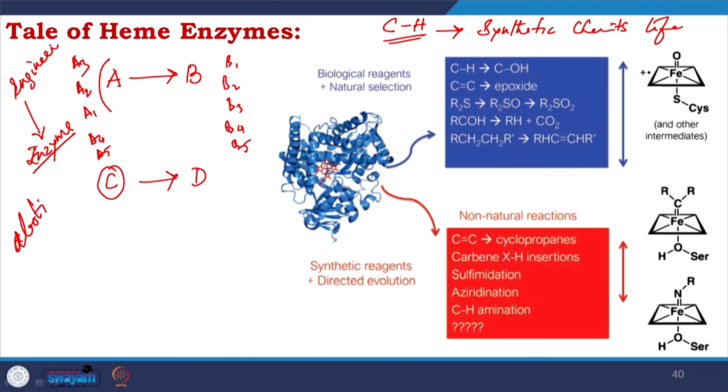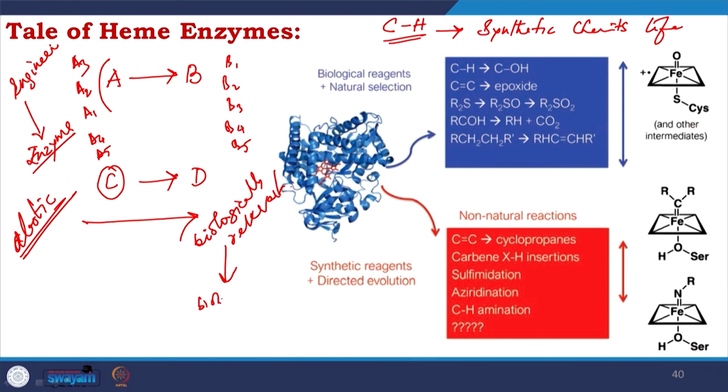Abiotic. What is abiotic? Think about it: it is doing C-H conversion, but mostly biologically relevant reactions. If we could make biologically irrelevant reactions, but which are synthetically required, then this could open up a new era.